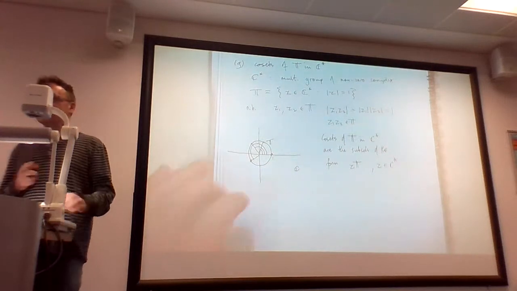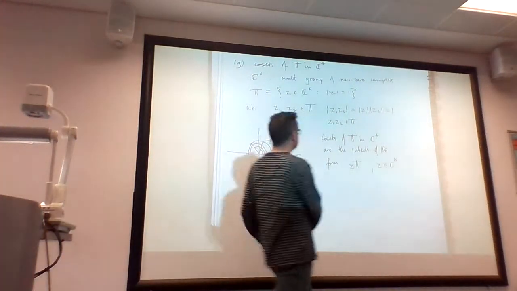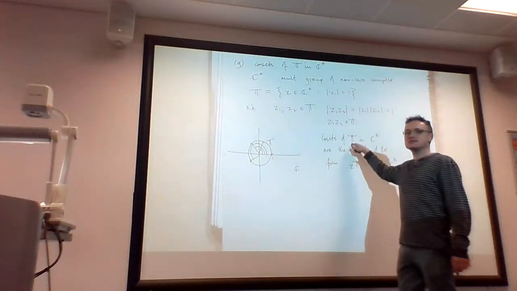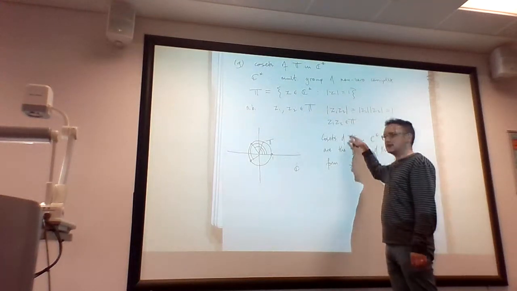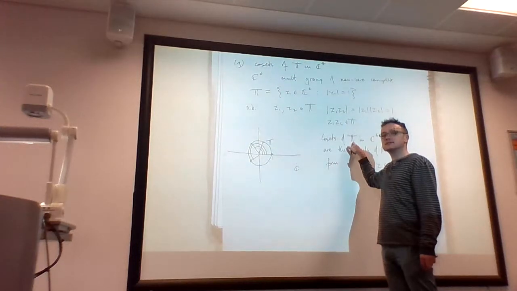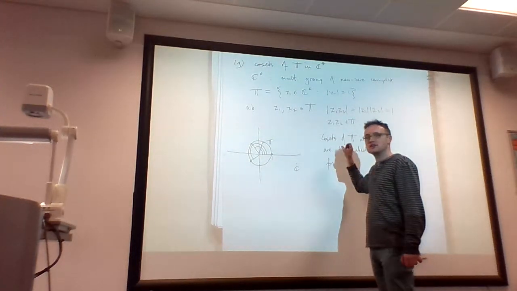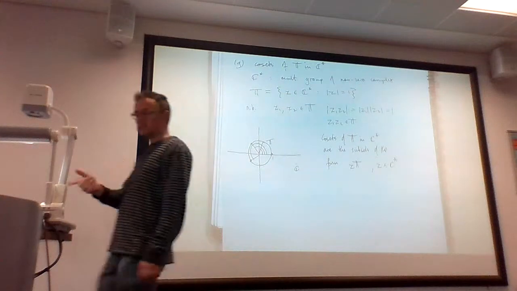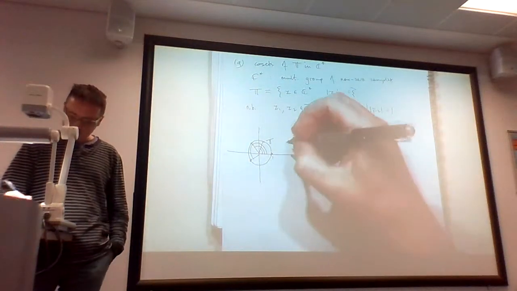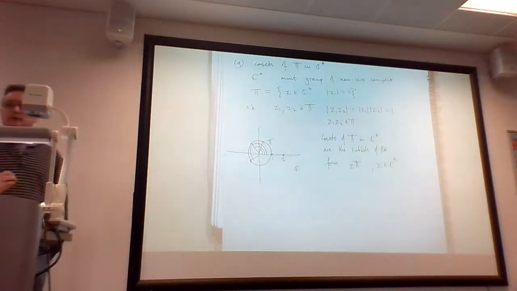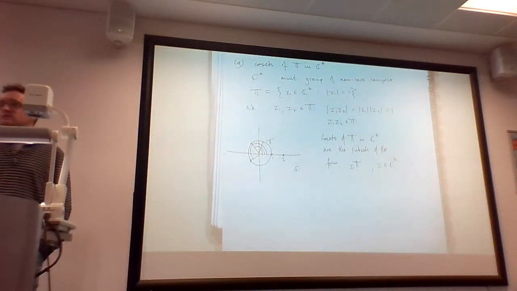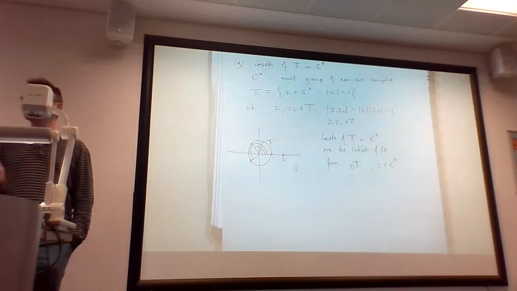If you take an element from the subgroup itself and look at the coset generated by that element, it's just going to generate the subgroup again. That initial coset. But if we take something off it, suppose you take the complex number 2, just think of the real number 2.